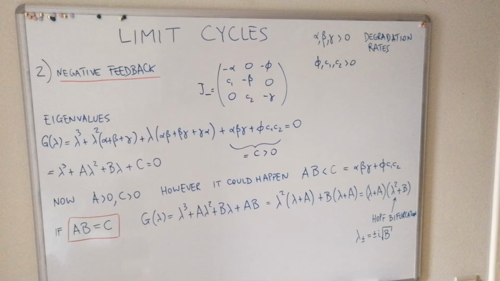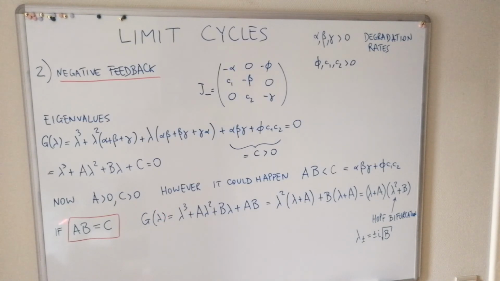However, we know from the case discussed before that if A times B is larger than C, then all the real parts of the eigenvalues are negative. But now it can happen that A times B is smaller than C. C is a positive number, and if phi is sufficiently large, then A times B can become smaller than C. So therefore, we break this theorem, and the real part of these eigenvalues is not necessarily smaller than 0.